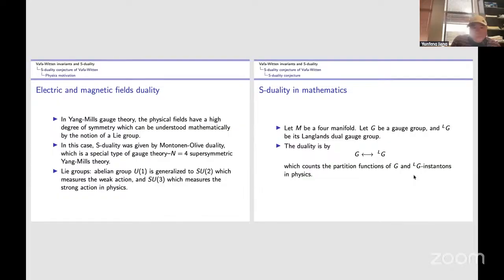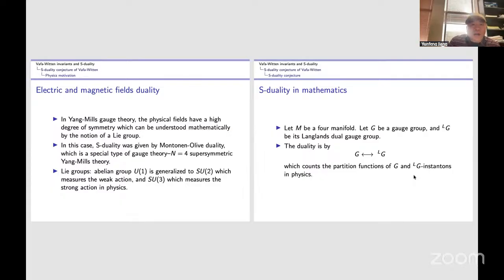In gauge theory, in physics we study the symmetry of the groups. As mathematicians, we understand this math, and the S-duality was given, I guess, in 1970s. I forgot the time, anyway, by Montonen and Olive duality, which is a special type of this Yang-Mills theory.